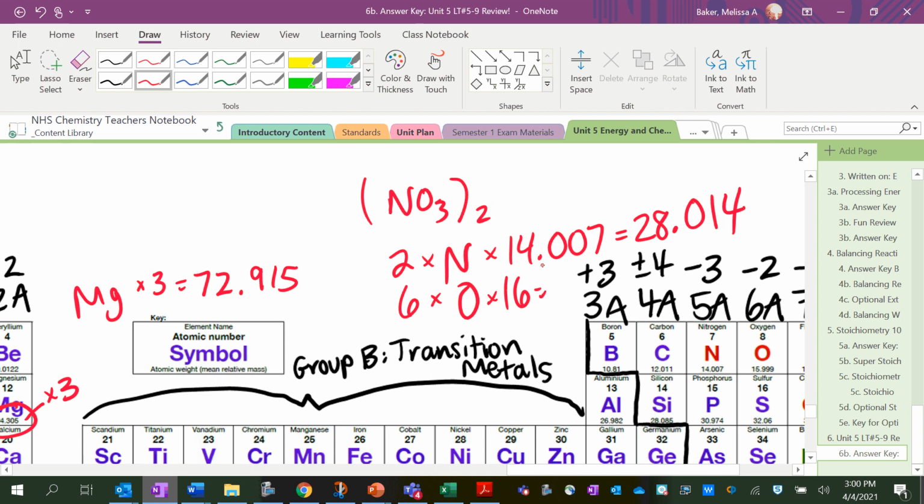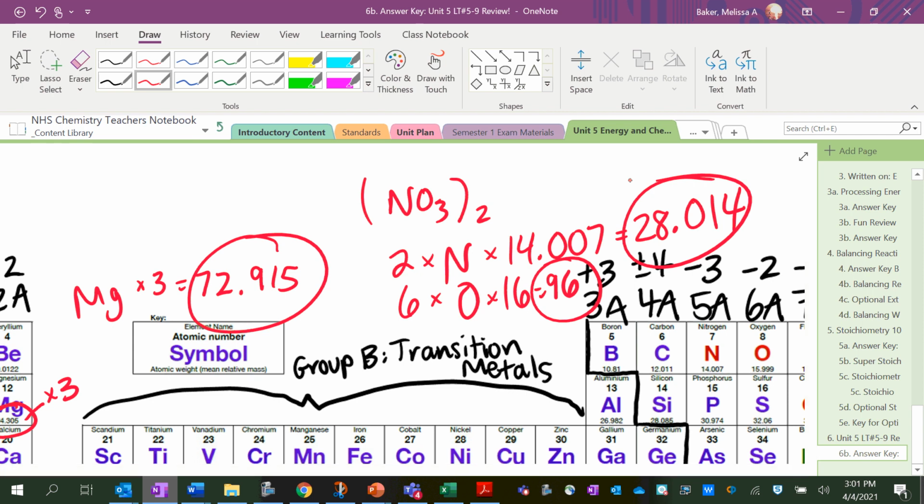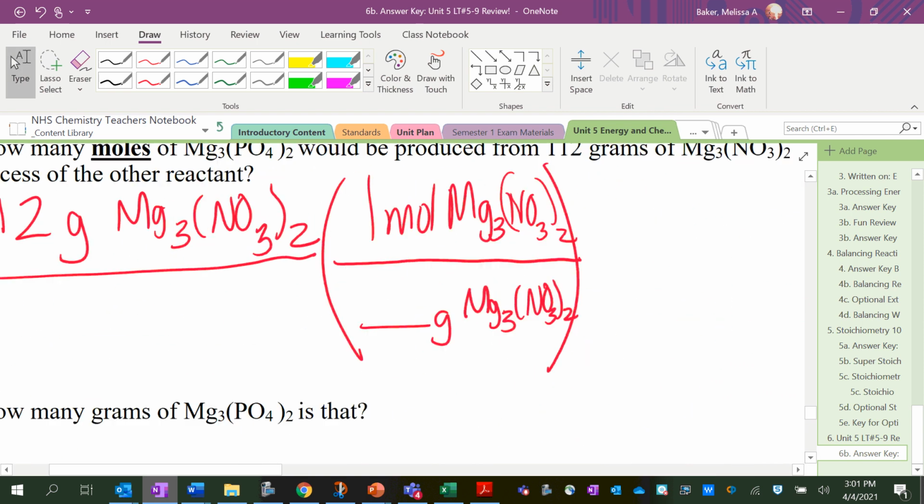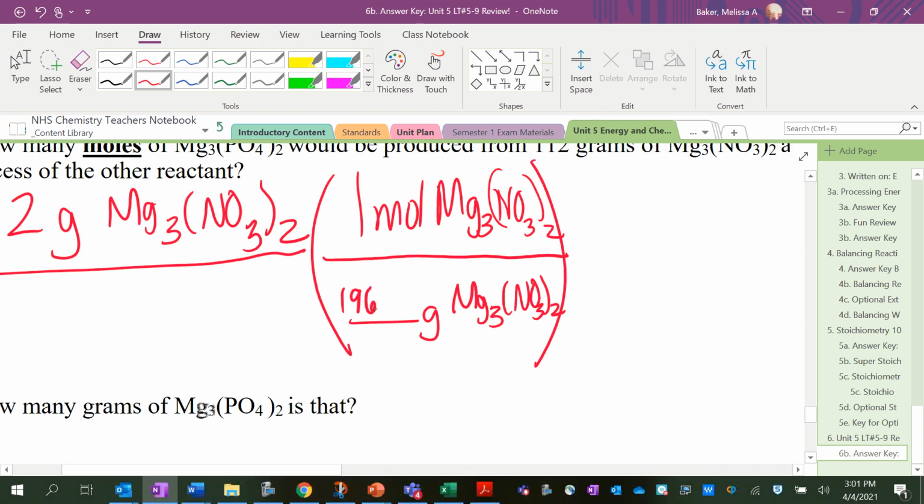I'm not doing that in my head. That is 96. So we have to add all these things I'm circling together to get the molar mass. 96 plus 28.014 plus 72.915. That's a molar mass of 196.929.